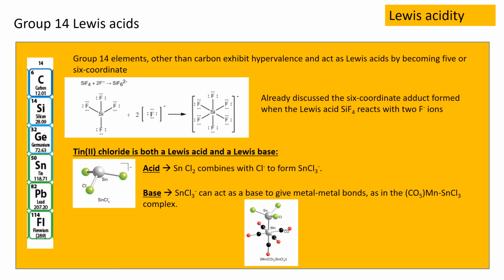So think about that strange silicon molecule I showed you. These are able to exhibit something called hypervalence. They act as Lewis acids by expanding their valence shells and becoming 5 or 6 coordinate and accepting electron density from a halide. Tin, if we go near to the bottom of group 14, is both a Lewis acid and a base.